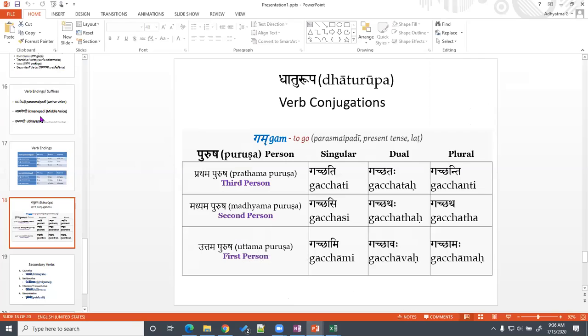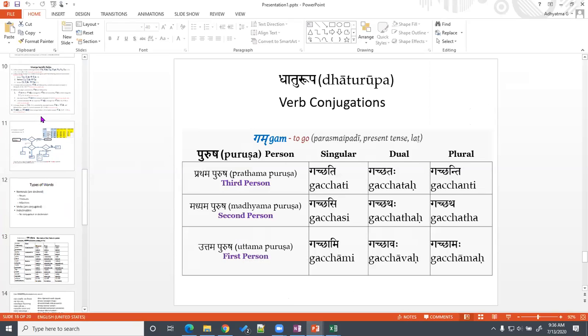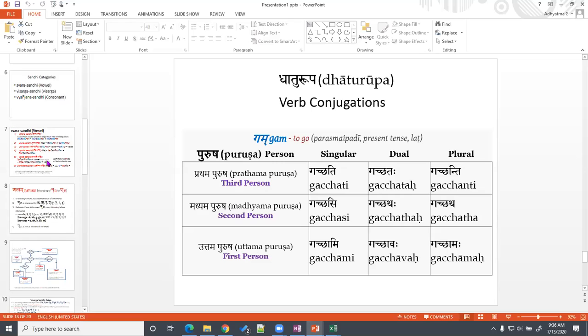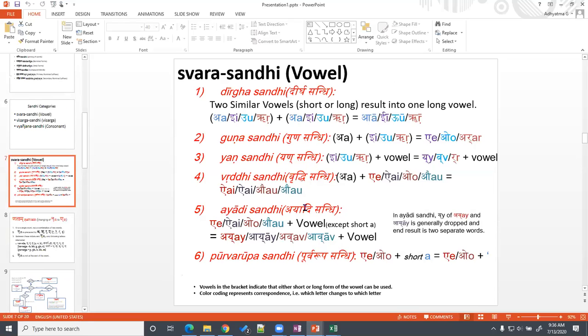If you look at the Sandhi rules, there is a guna Sandhi. So akara followed by ikara, ukara, or rukara becomes e, o, and ar. These letters, ekara, okara, and ar, are called guna.